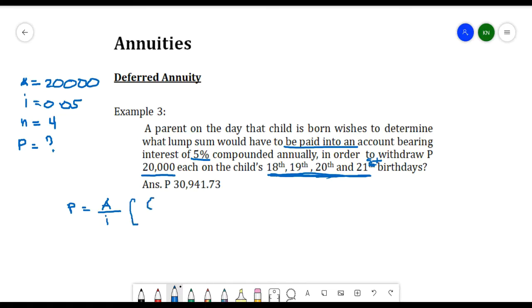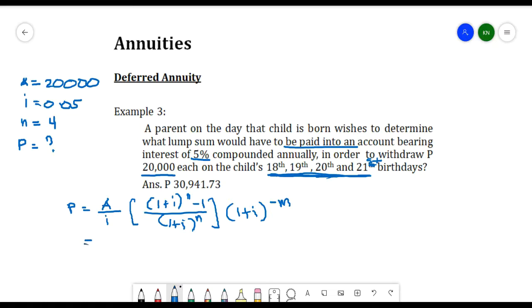Let's just write the formula first. So we have 1 plus I raised to n minus 1 all over 1 plus I raised to n multiplied by 1 plus I raised to negative m. Again, this is the formula of our deferred annuity.